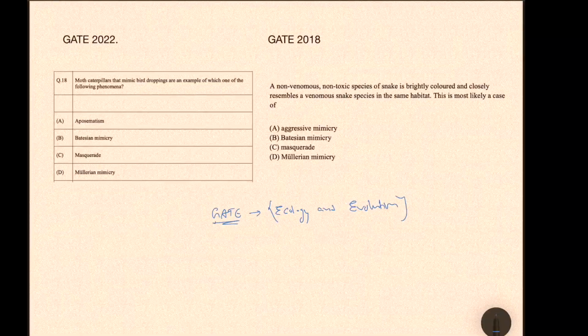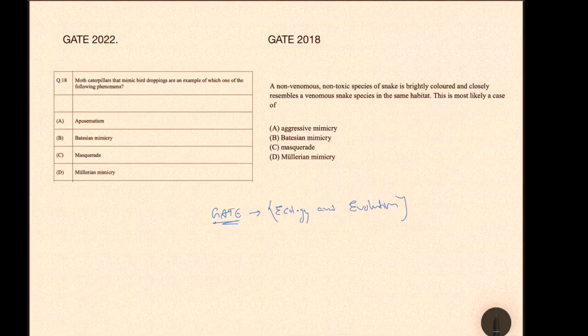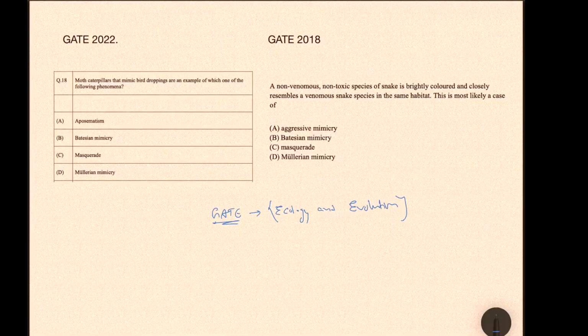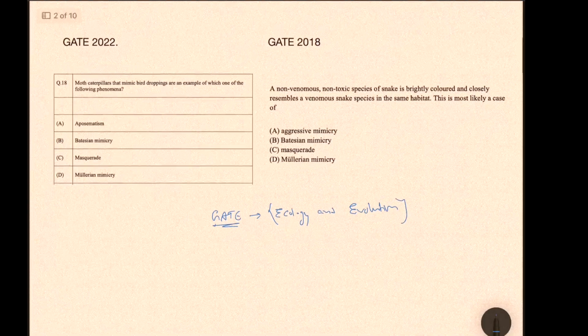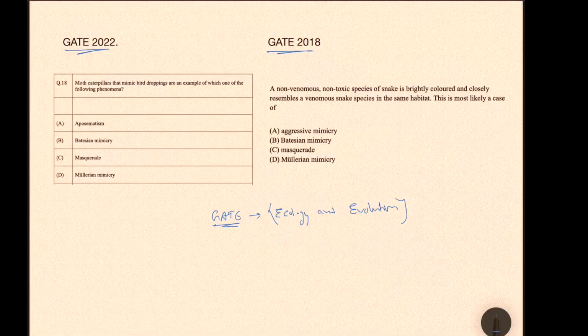Since this topic or the associated concepts are coming in the GATE exam repeatedly, I felt that this is an important topic that could be asked in the coming years, especially in the prelims examination. This question was asked in 2022, 2018.